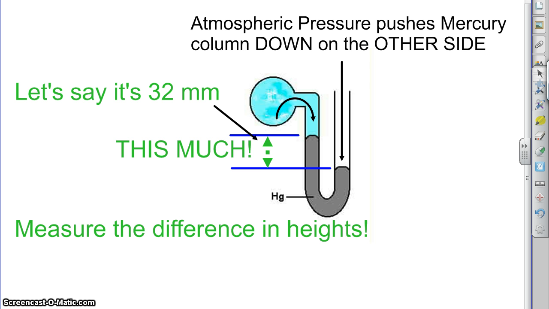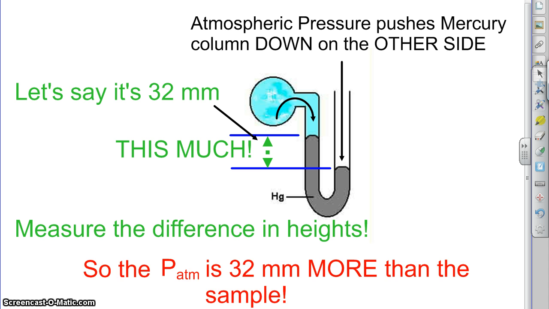So let's just make something up. Let's say that there are 32 millimeters difference, 3.2 centimeters difference between the two columns. We're just making that up here. The problem might say that, or it might tell you each height of each column and you'd subtract them yourself. That's not too difficult. So we know that the atmospheric pressure is 32 millimeters more than the sample.